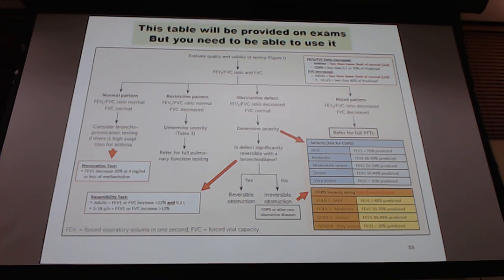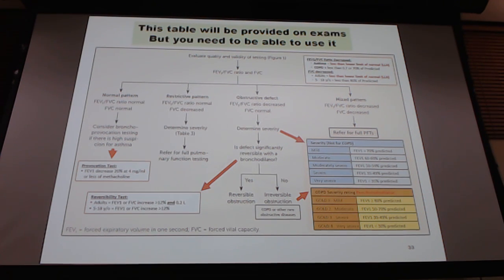But I do expect you to know that if there is obstruction, we will do the reversibility test, which is basically giving them a bronchodilator. If it reverses, great, it's probably asthma. If it doesn't change, then it's probably COPD or some other obstructive disease. When we talk about COPD, we'll talk about this GOLD.